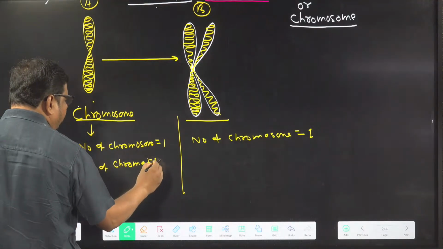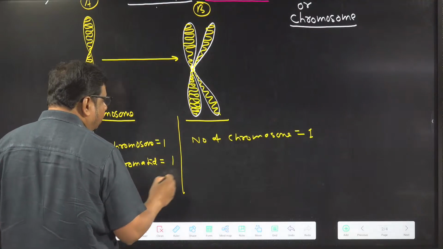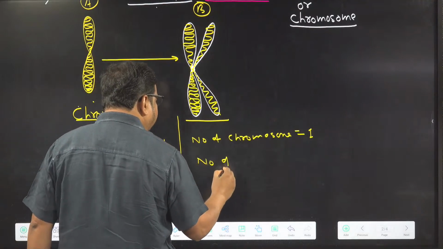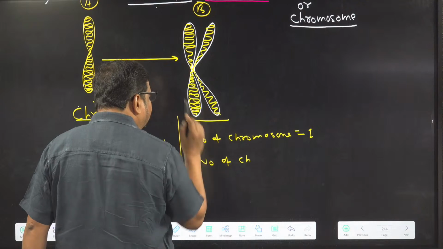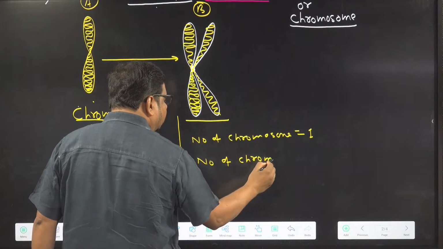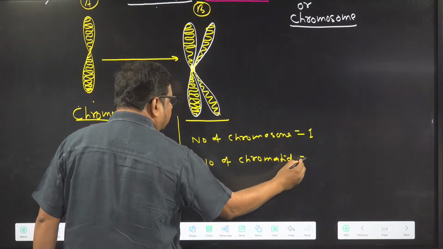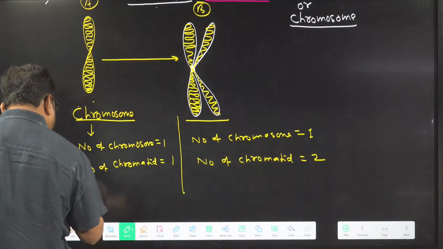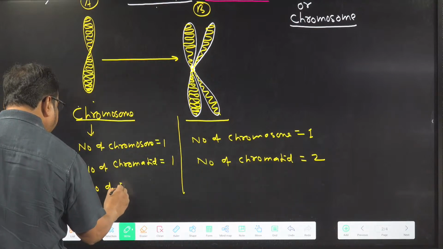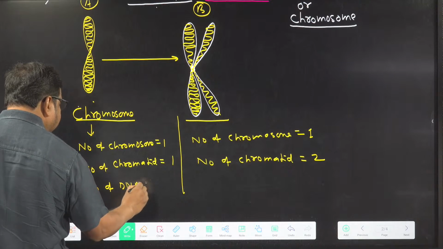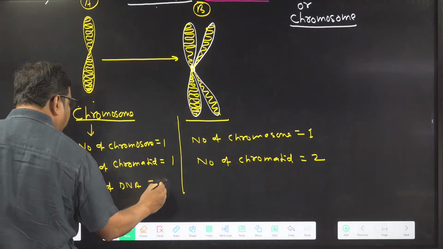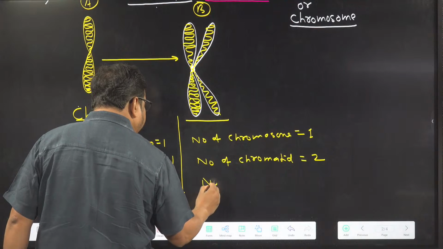Here number of chromatid equal to 1. Here number of chromatid equal to, help me, 1 and 1, 2. Here number of DNA equal to 1. Here number of DNA equal to 2.